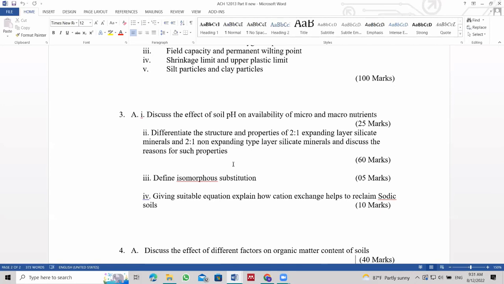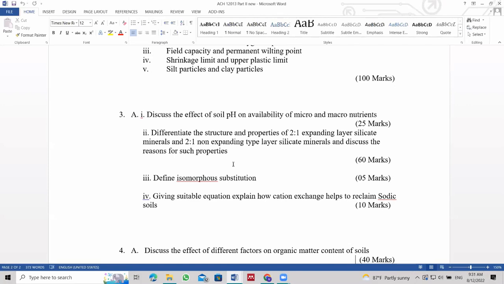Second part, differentiate the structure and properties of 2:1 expanding layer silicate minerals and 2:1 non-expanding layer silicate minerals, and discuss the reasons for such properties. So you have to differentiate, then discuss the reasons. Then the third one is define isomorphous substitution. And the fourth one is, giving a suitable equation, explain how cation exchange helps to reclaim sodic soils.